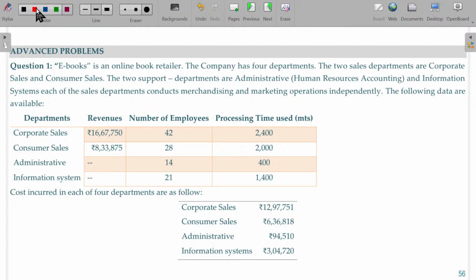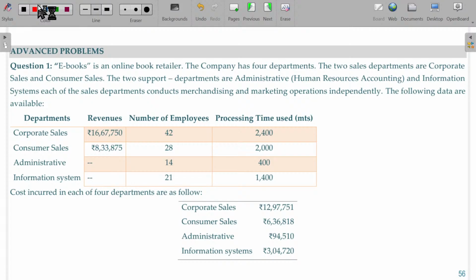Now, this question is one of the interesting illustrations. This illustration is all about secondary distribution.